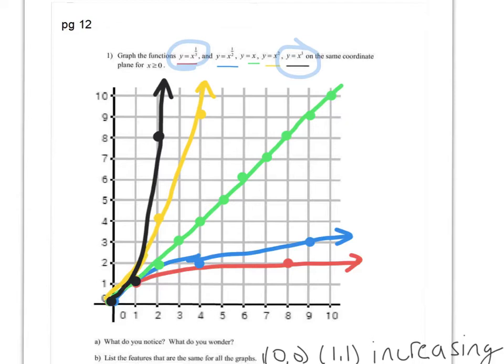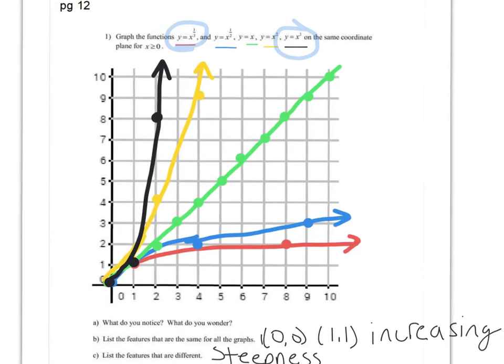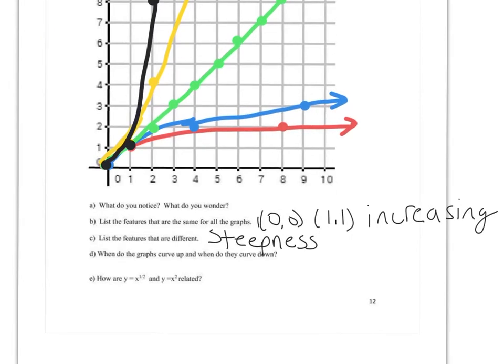If we folded the board across this line, x to the third would line up with x to the 1/3. So they reflect over the line y equals x. So we'll write that: inverses reflected over y equals x.